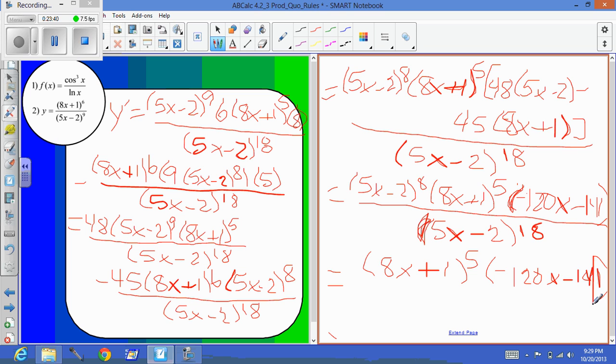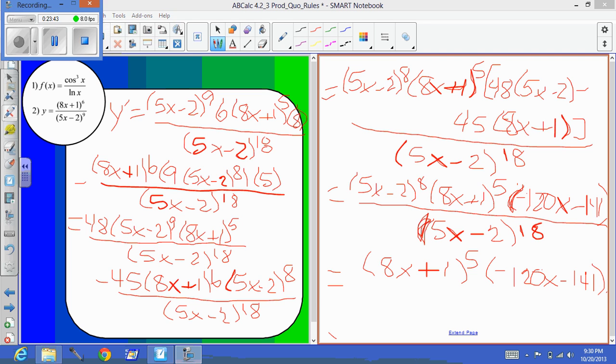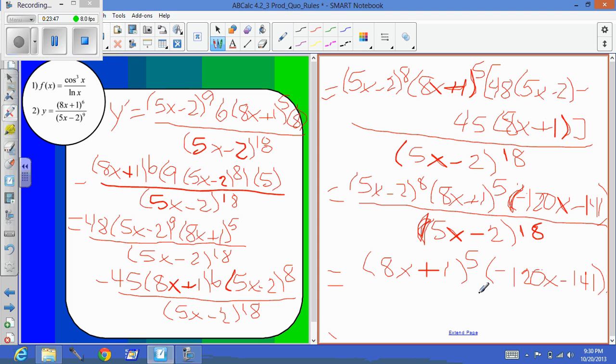That does not look like a 4, okay, I think that's a little bit better. All over 5x minus 2, and it just insists on putting that line. That is not a 15, that's 5x minus 2. And the 8 and the 18 cancel, so I'm left with a 10.